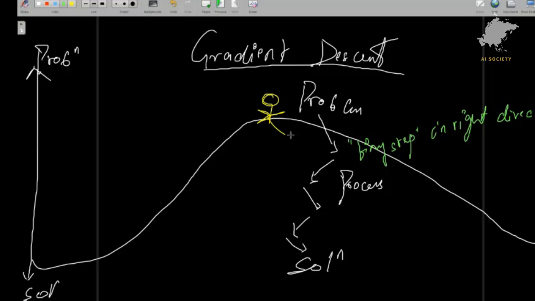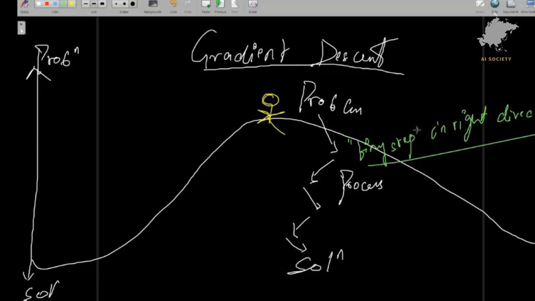So again, the process of solving the problem by taking tiny steps in the right direction to reach the solution is called gradient descent. I know there is much more mathematics involved, but that is what you need to remember for now: tiny steps in the right direction that will lead us to the solution of the problem. You can write this statement down.